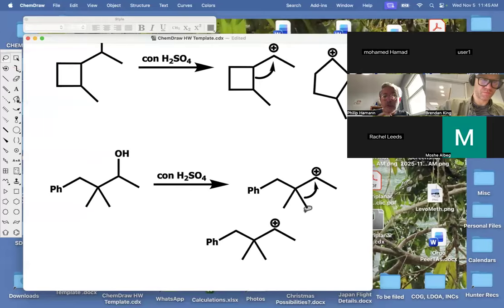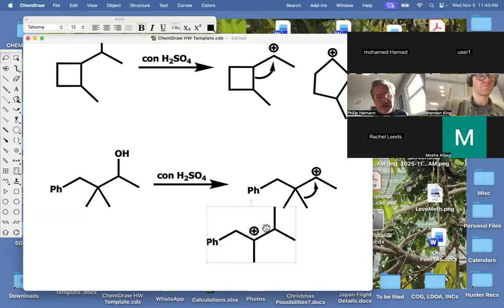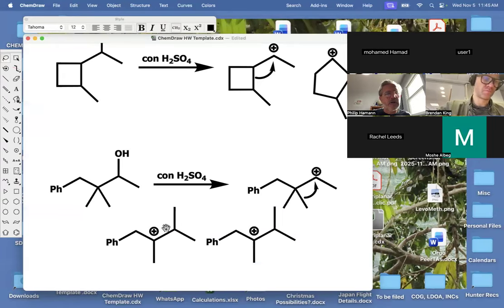Okay, so these electrons move over. The methyl goes with it. I'm going to draw it up here because it looks silly if you try to squeeze it in. And so that is what you get. And now this is going to eliminate. Again, we're in concentrated sulfuric acid. And you're going to get that alkene.